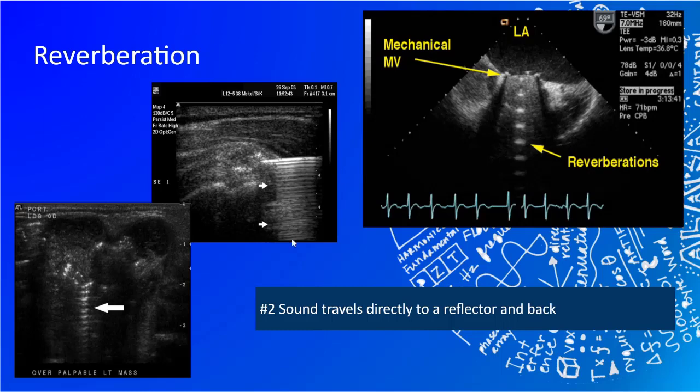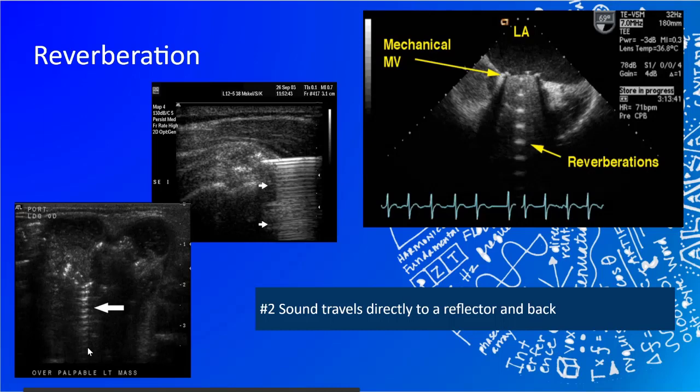Here again is another very bright reflector. And what we're seeing again is the sound is bouncing back and forth between these reflectors, getting to the transducer a little bit later each time. The machine thinks, oh, that must be a little bit deeper, using my 13 microsecond rule, and it displays parallel lines deep into the picture with decreasing echogenicity.